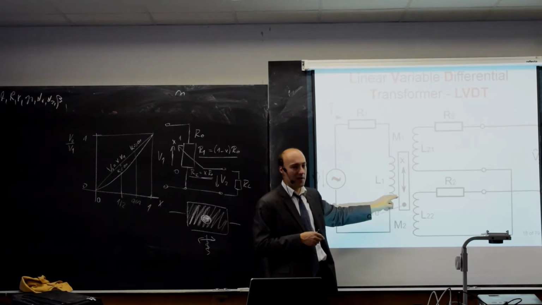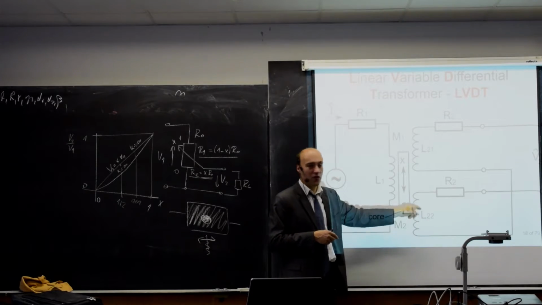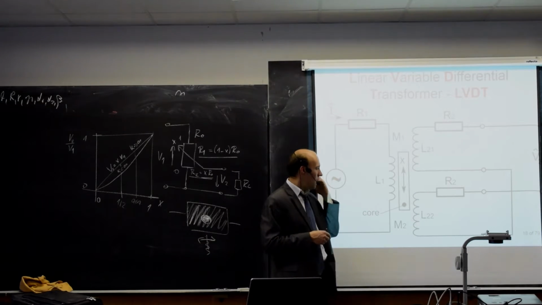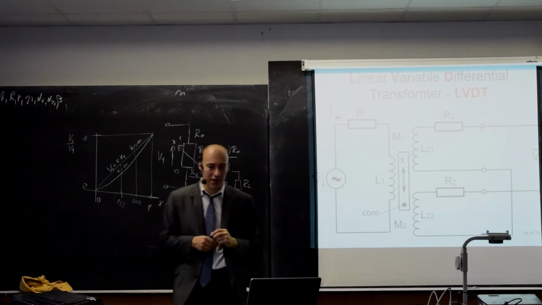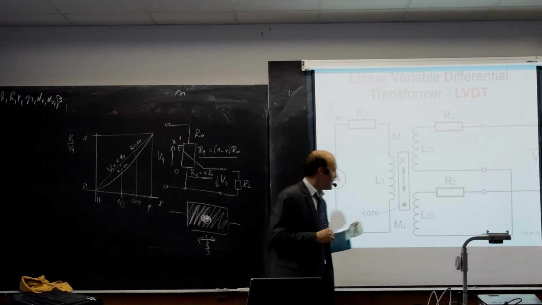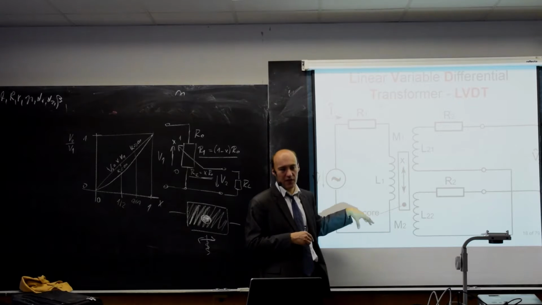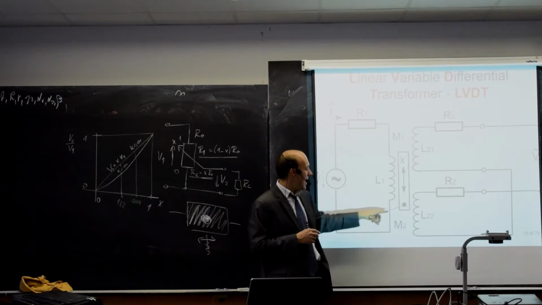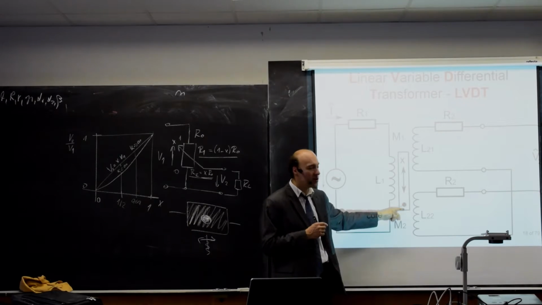If I move the core up, there will be higher voltage in this winding and smaller voltage in this winding. So the voltage that I measure on the output of the secondary windings will be a function of the core position. So the transformer, the sensor itself, is attached to a frame, and the core is attached to the part that you want to measure. So this is what's sensing the position.